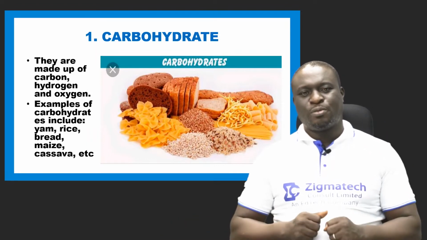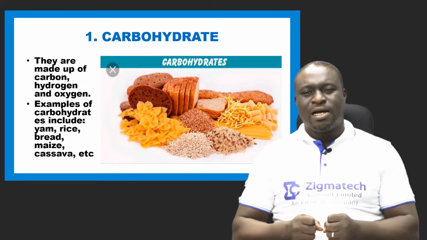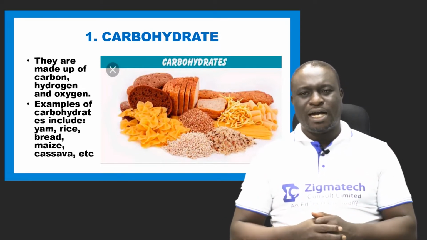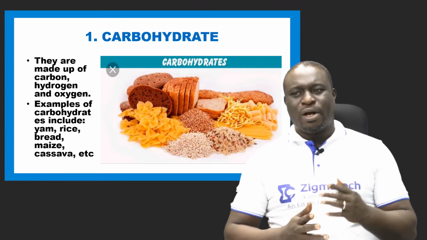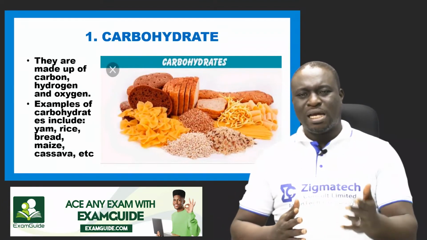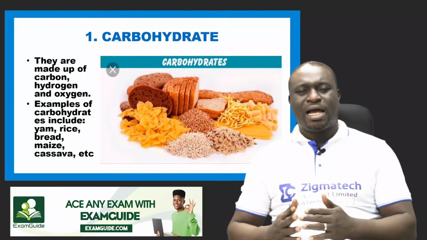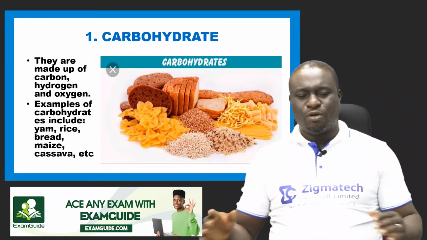Of course, you should be able to tell me sources or examples of foods that are rich in carbohydrates. We have examples like the bread, you can see them on the screen. We have the bread, rice, yam, maize, cassava, and so many other foods that are rich in carbohydrates.